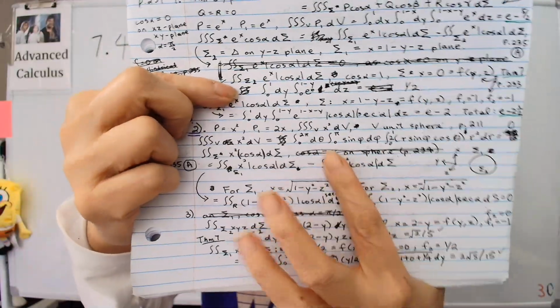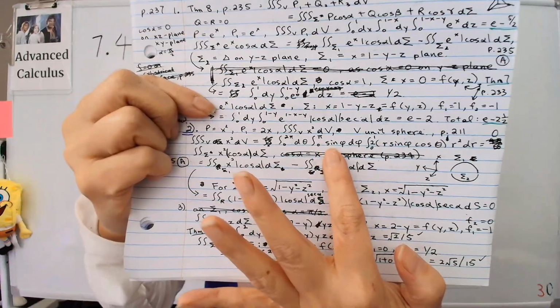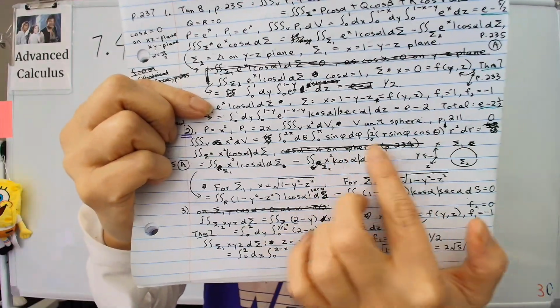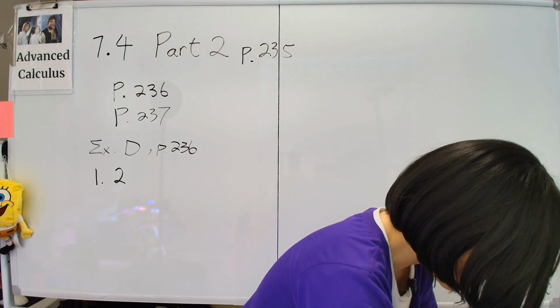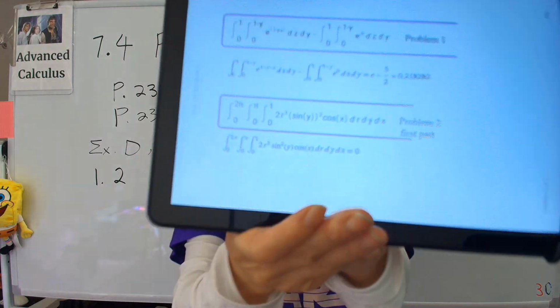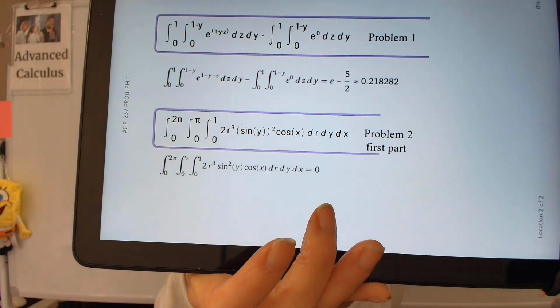And then use the polar coordinates, which is on page 211. Don't forget the sine phi, and then there's an r squared. Once you plug this formula into the Wolfram calculator, it will give you the answer like I have right here, which happens to be 0. That is what the calculator says, so I believe it.